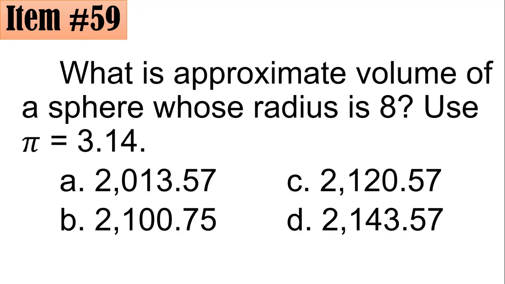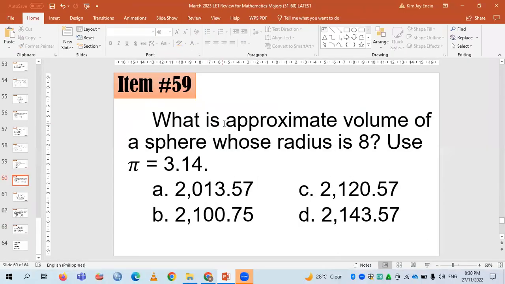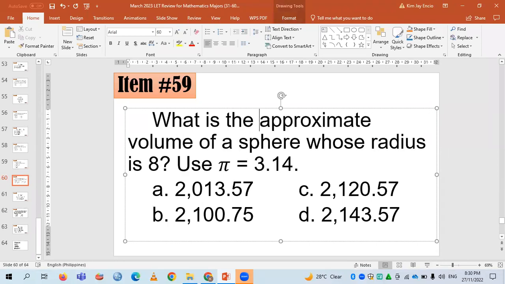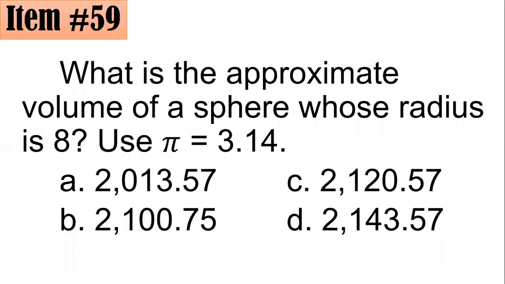59. What is the approximate volume of a sphere? Okay, wrong grammar. What is the approximate volume of a sphere whose radius is 8? Use pi equals 3.14. Did you go for A, B, C, or D?